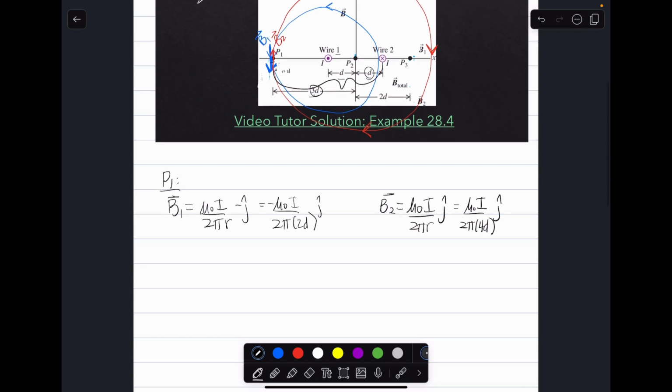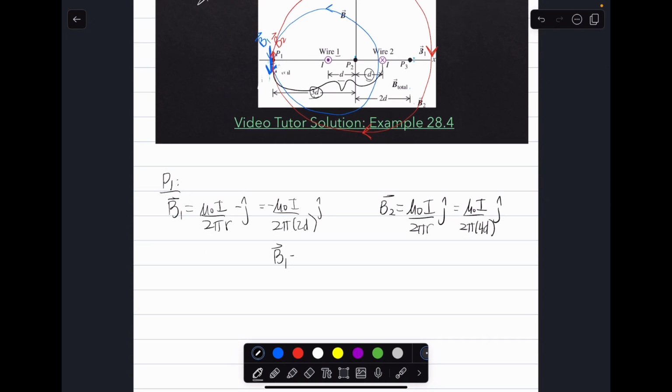And so now we need to add these two vectors together to get the total magnetic field at P1. So we have negative mu naught I over 4 pi d j hat plus mu naught I over 8 pi d j hat, which gives us a total of negative mu naught I over 4 pi d in the j hat.